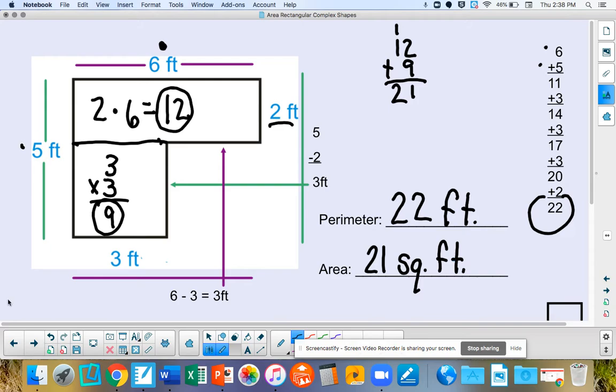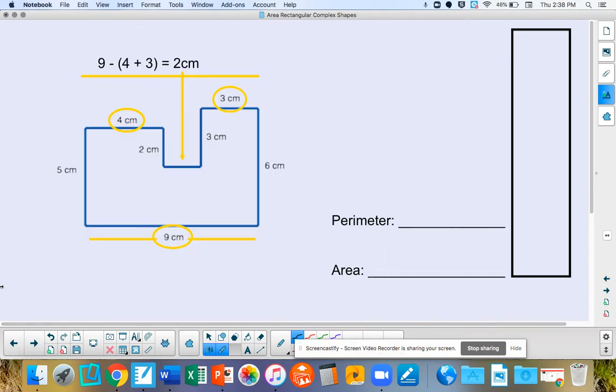Let's take a look at another example. Again, in the last video, we found all of our missing sides of the shape. That's the first thing you want to do. After you find all the sides, it is important to add each one up individually. Now might be a great time to pause the video, try adding all the sides and see if you come up with the perimeter. All right, let's take a look at the work.